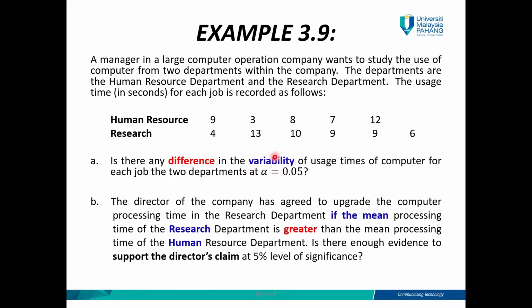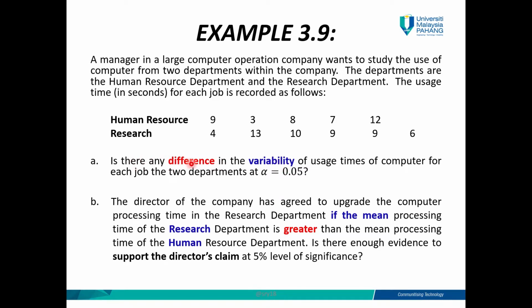So the only keyword is variability. This keyword tells you this is about standard deviation or variance. Variability must be variance or standard deviation, but for hypothesis testing, we're going to focus on variance.